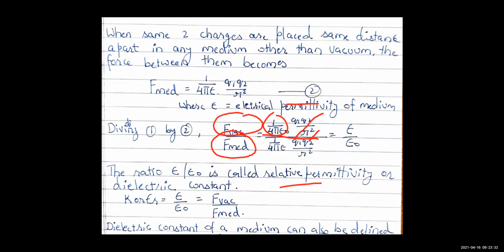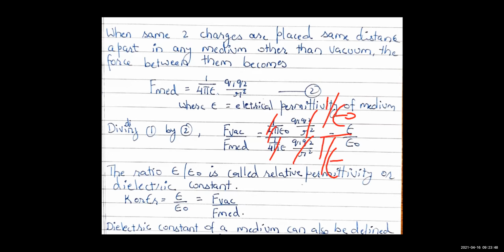Q1 Q2 upon r square will get cancelled. 1 upon 4 pi, 1 upon 4 pi will get cancelled, right? What you will be left with is 1 upon epsilon naught upon 1 upon epsilon, which is equal to epsilon upon epsilon naught.